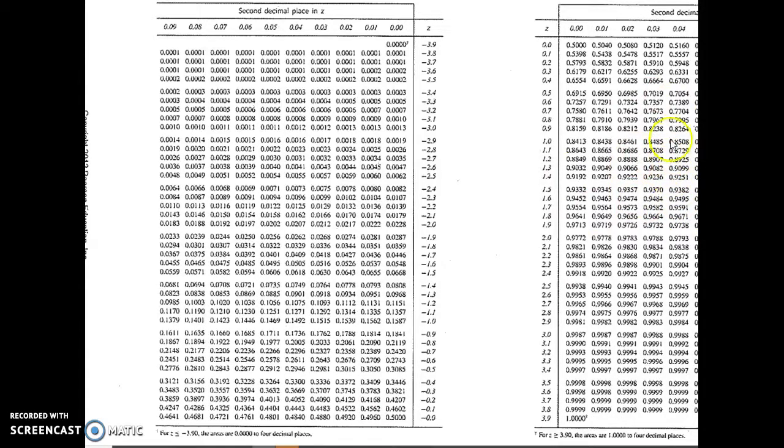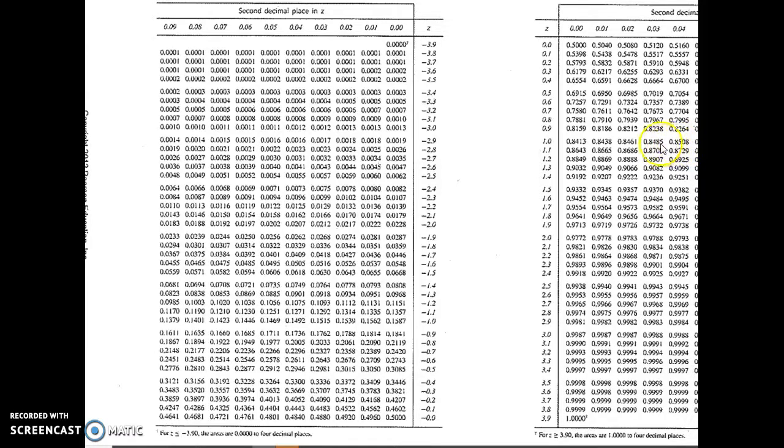The numbers just keep going up until I get to 0.8485, and then it goes 0.8508.